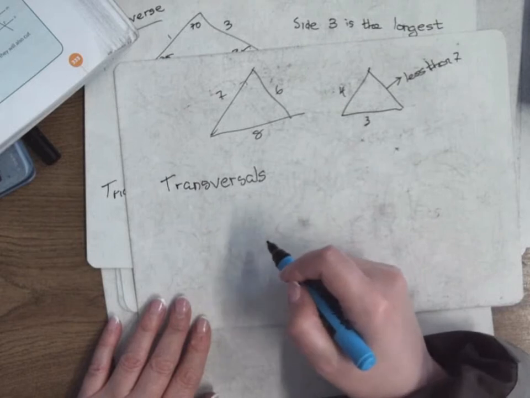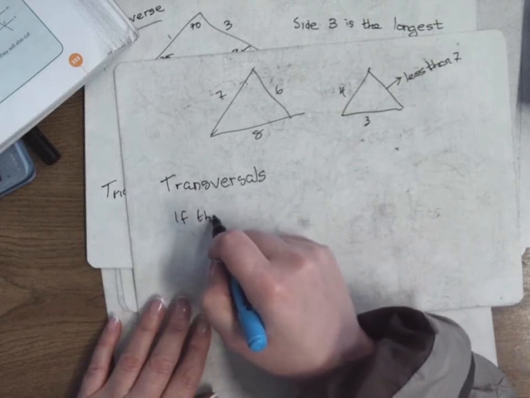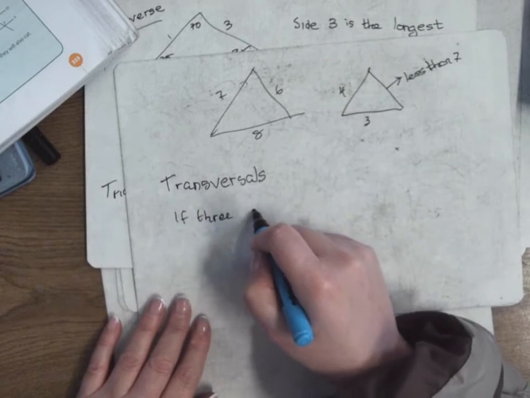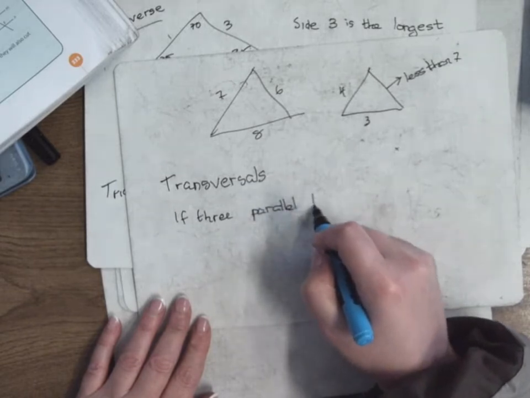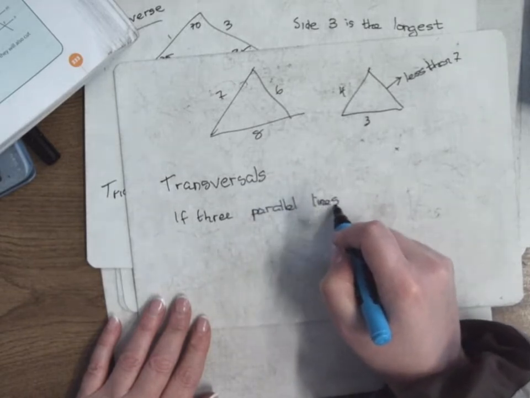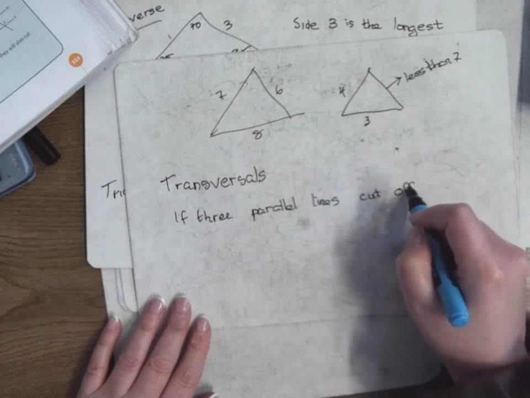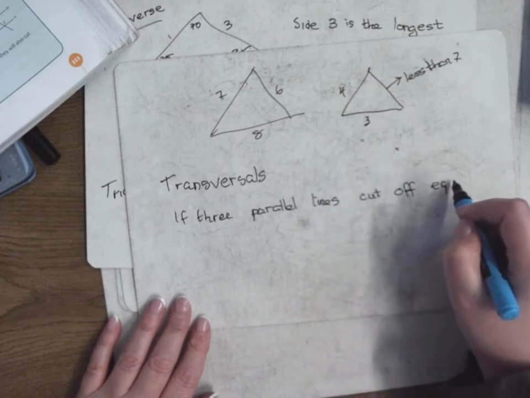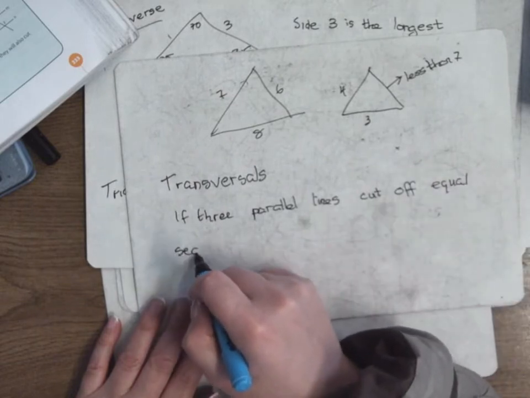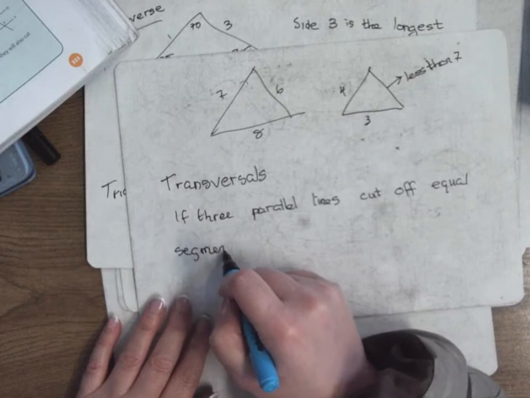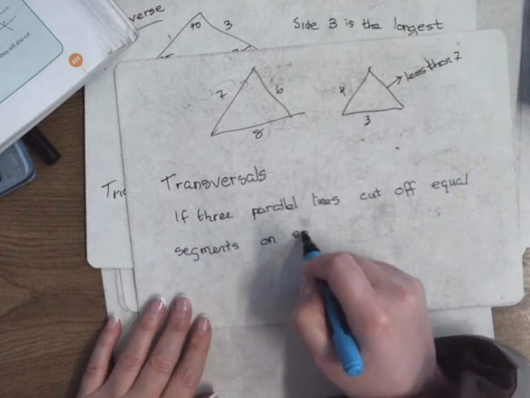Transversals: if three parallel lines are cut on some transversal line, I'll explain what all these terms mean in a minute.